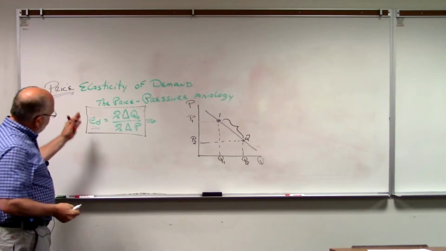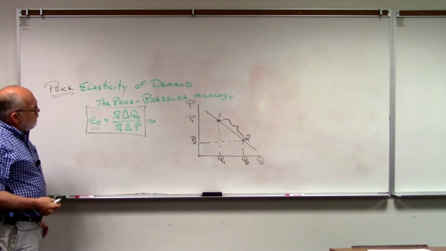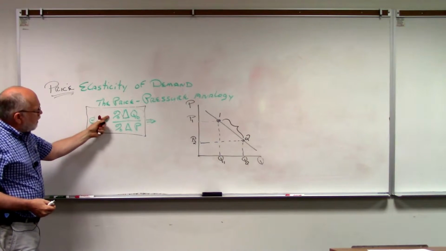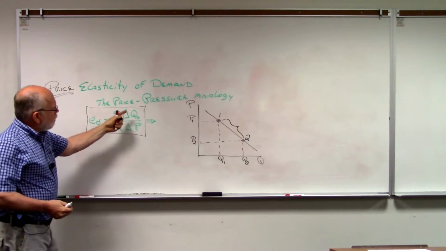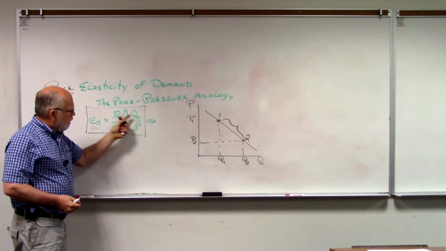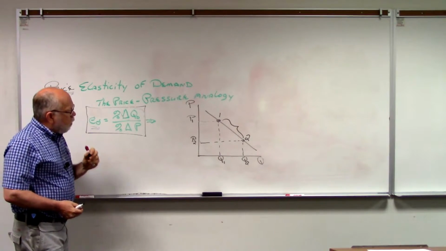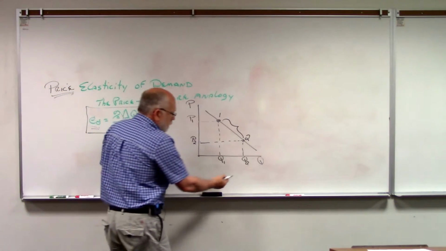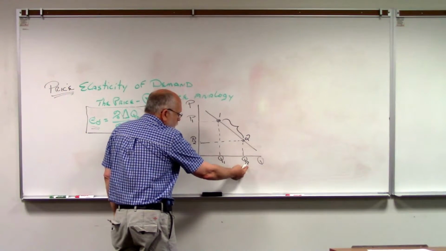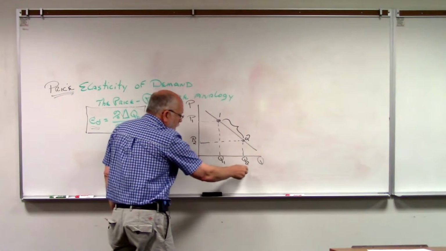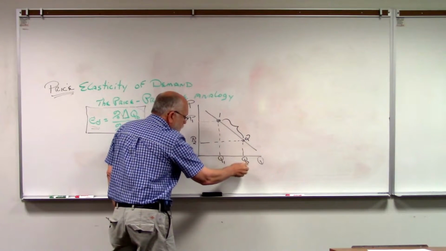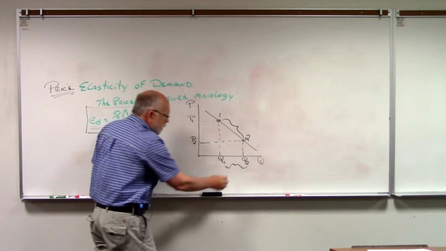So let's go back to our formula here. And we say, okay, well, the elasticity of demand is percentage change in quantity divided by percentage change in price. So the change in quantity is going to be this big number less this smaller number, and the difference between those two, that's going to be the delta.